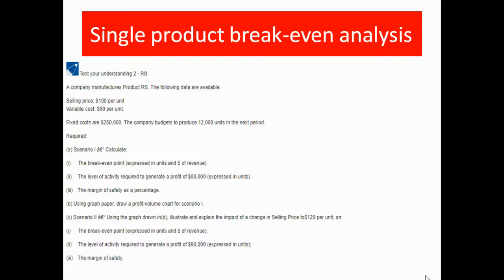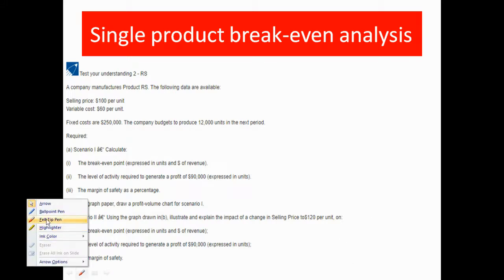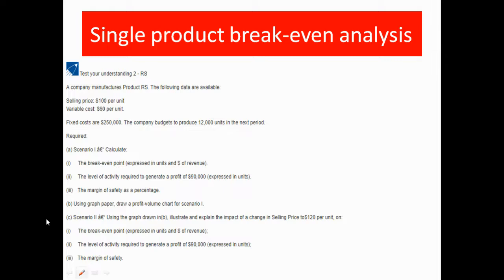The requirement is to calculate the break-even point, expressed both in units and in dollars. That's our requirement number 1. Then number 2 is the level of activity required to generate a profit of 90,000, then the margin of safety. That's basically what they ask on ordinary break-even point.